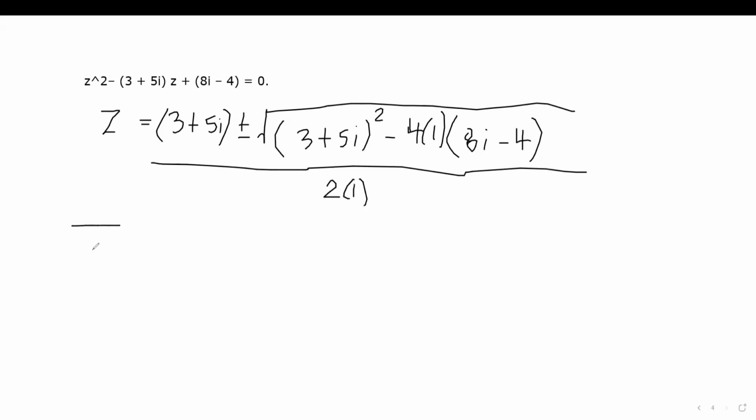So what we end up with is z equal to 3 plus 5i, close up that bracket, plus or minus. Now expand this square. First term squared, which is 9, minus twice the product of the two. 5 times 3 is 15, times 2, that's minus 30i, plus second term squared, that's plus 25i squared.